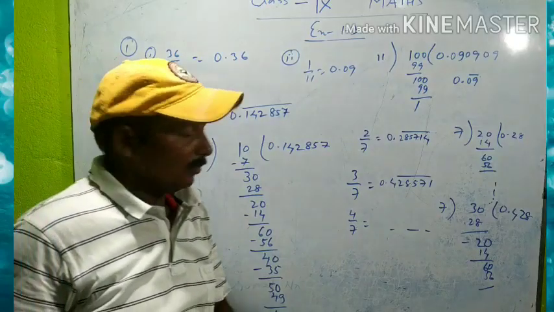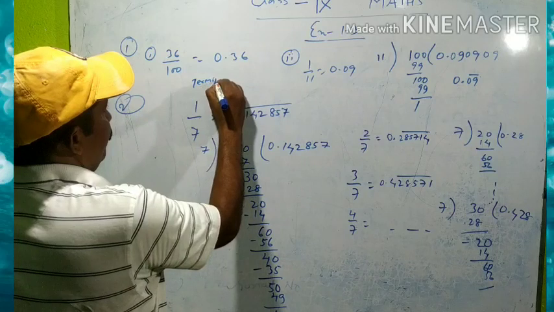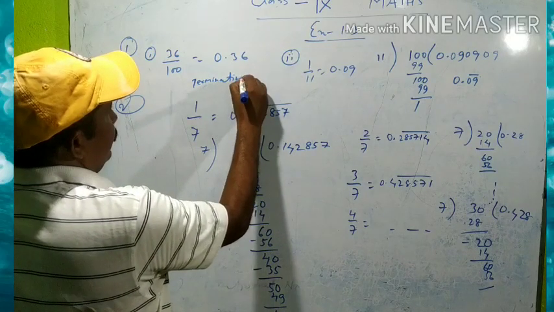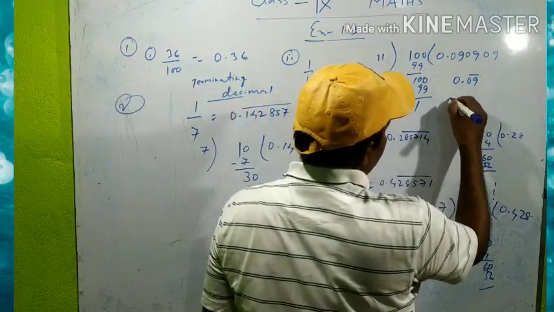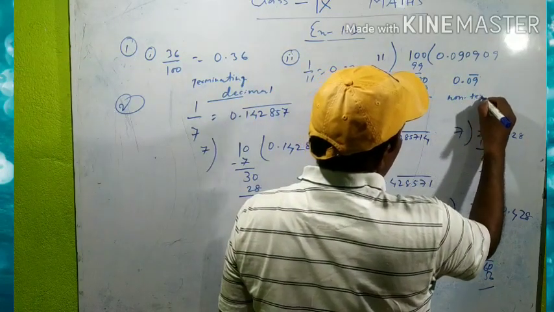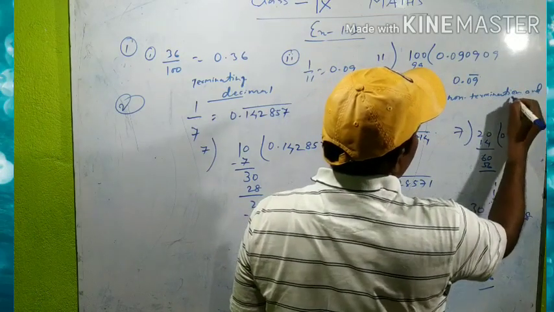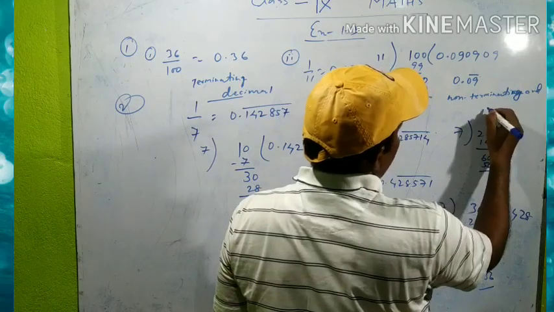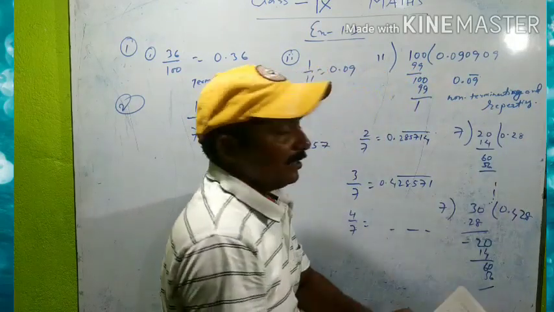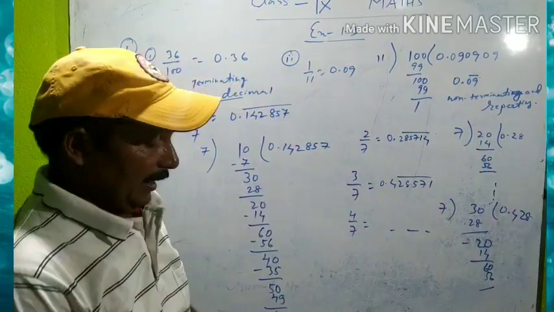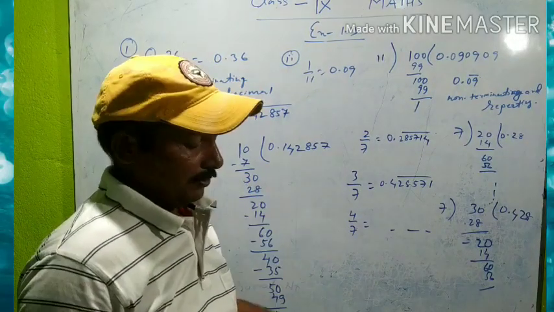So in question number 1, as I told, this one is a terminating decimal. This one is non-terminating and repeating, or recurring also. It is known as recurring also. And the remaining questions you will convert into decimal, and then write their decimal expansion.